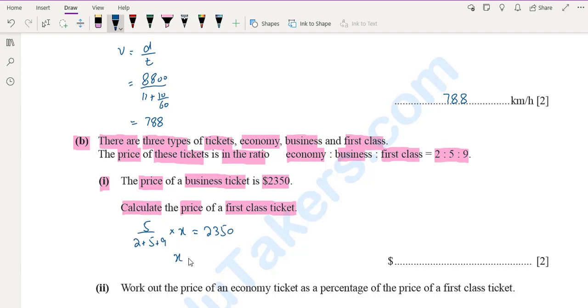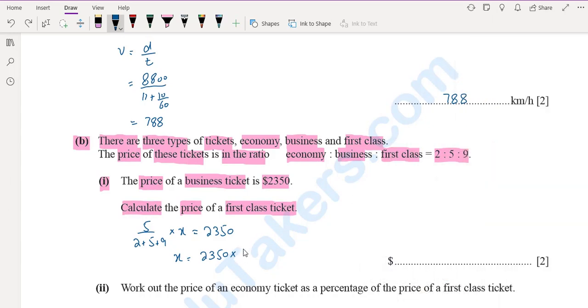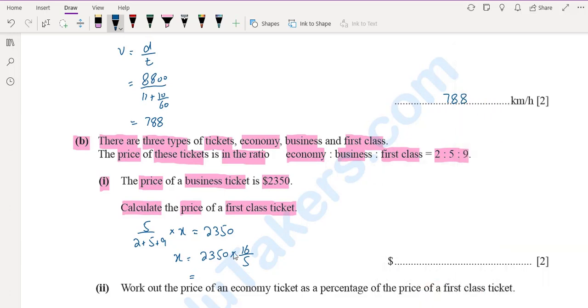From this, X will be equal to 2,350 times the sum of ratio, which is 2 plus 5 plus 9 is 16, over 5. 2,350 multiplied by 16 over 5 is 7,520.